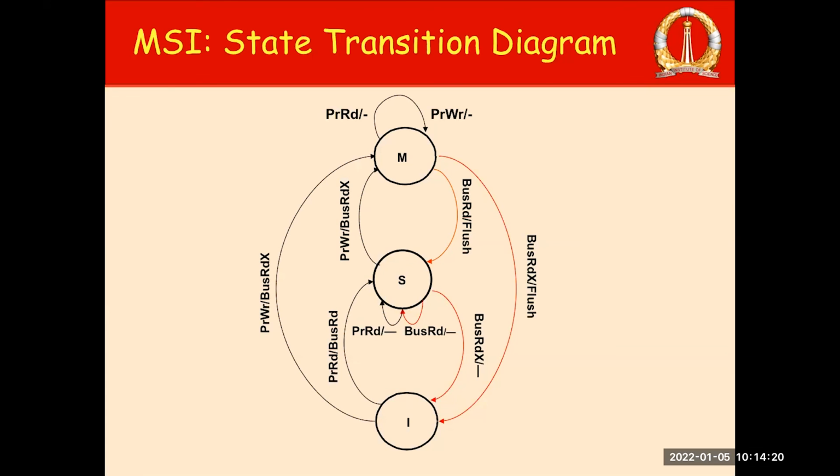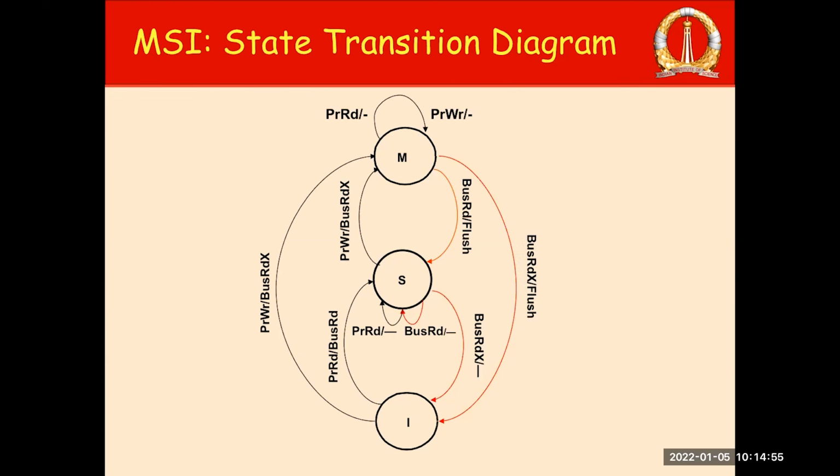So why is it coming to the invalid state? Let me again tell you. This is the case when, let's say, P3 has written U is equal to 7, correct? Now at this point in time, P3 sees that there is a bus read X signal. When P3 sees a bus read X signal, it means that some other processor, maybe P2 or P4 or P7, wants to modify U, correct?